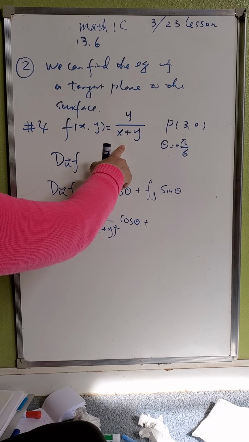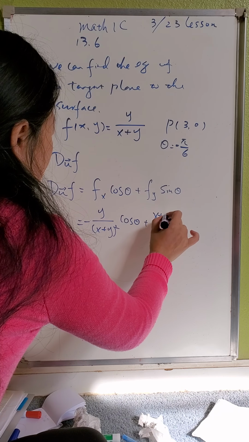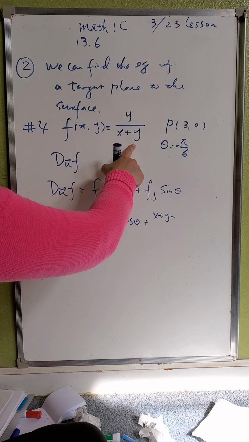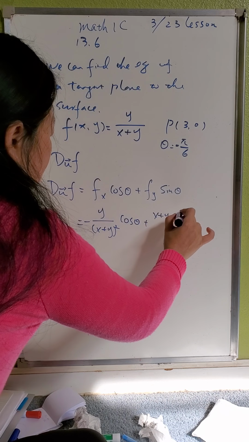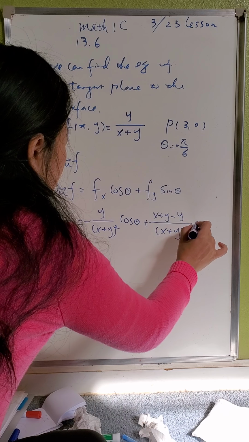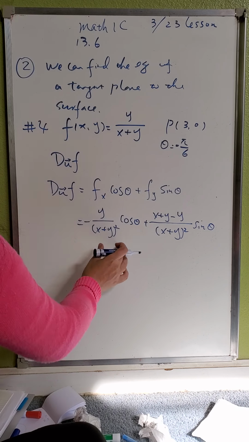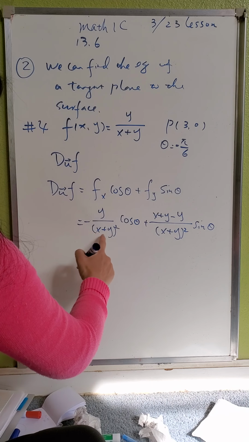Fy, that's the quotient rule, so the derivative of y first. That's a 1, so x plus y, subtract, keep the y, and then take the derivative here, that's a 0, that's a 1, so that's a y, over (x plus y) squared, and then sine theta. Put the information inside. y equals 0, so that's a 0 here, right?